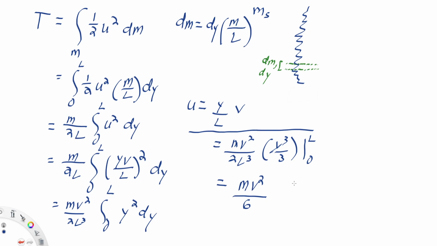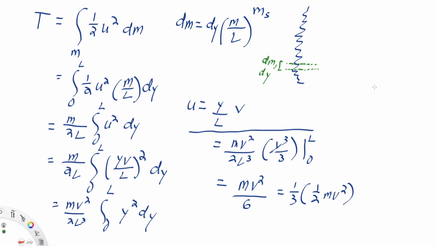Now, our usual kinetic energy formula is mv squared over 2. So maybe we write this as 1/3 times 1/2 mv squared.